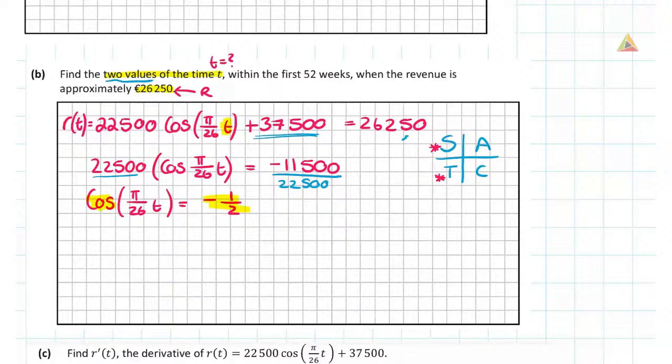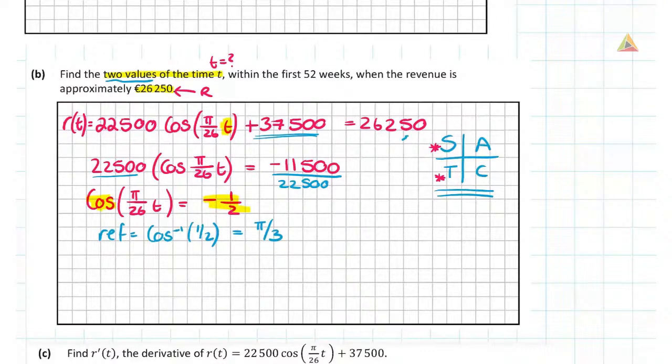So our two answers, once we find our reference angle, are going to come from those two quadrants. To find our reference angle, we find the cos inverse of a half, ignoring the sign because we've catered for the sign by using our unit circle. When we get the cos inverse of a half, our calculation is in radians again, and it gives us pi over 3.